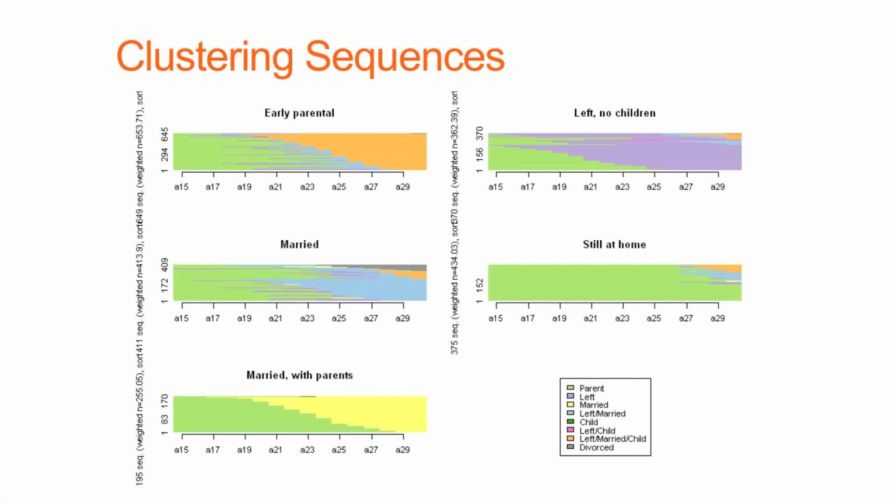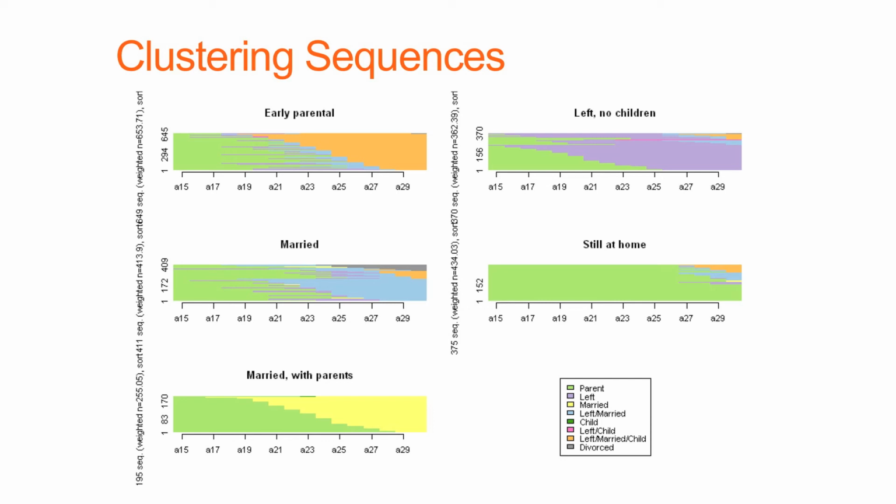You can also cluster. I ran clusters on this data set and got 5 of them. One I labeled early parental, which is for people who were living with parents, then they left home, and then they got married and had kids.